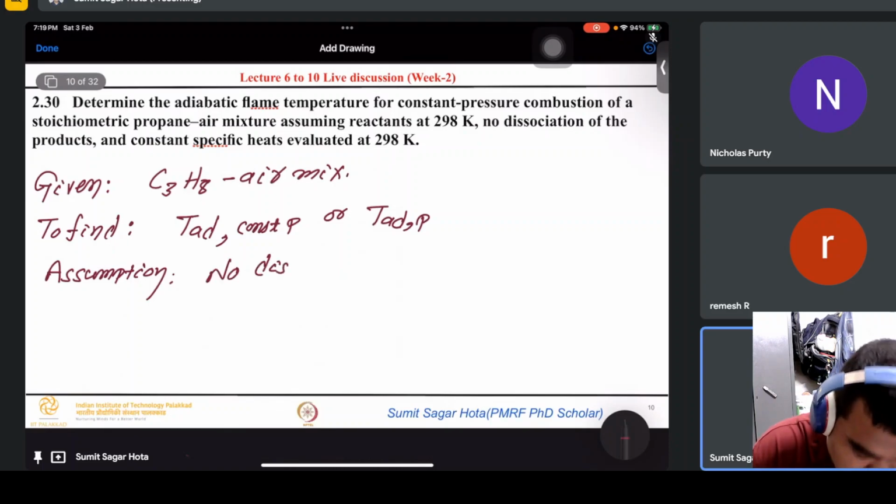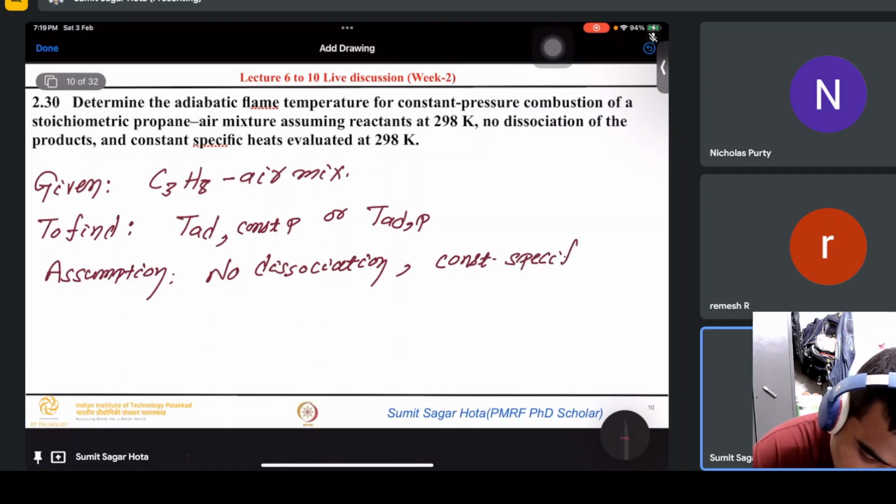That means there is only one global reaction. There are no elementary reactions, only the basic global reaction for the propane and air mixture going to produce products, with constant specific heat at 298 Kelvin.